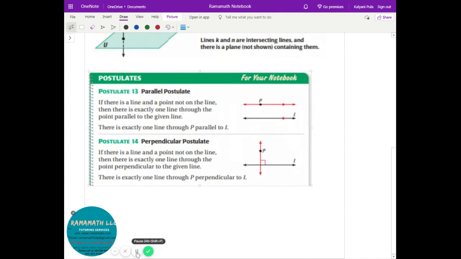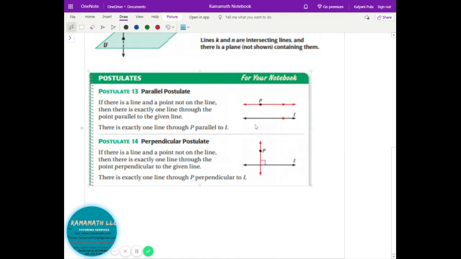Okay. All right. So again, in geometry it is very important to learn about the theorems and postulates because everything depends on them. So, for example, the parallel postulate: if there is a line and a point not on this line, then there is exactly one line through the point that's parallel to the given line.